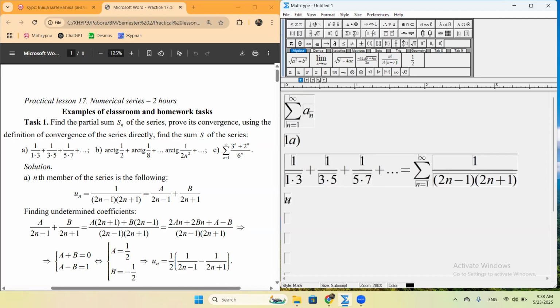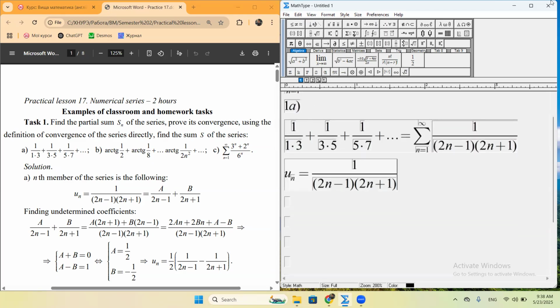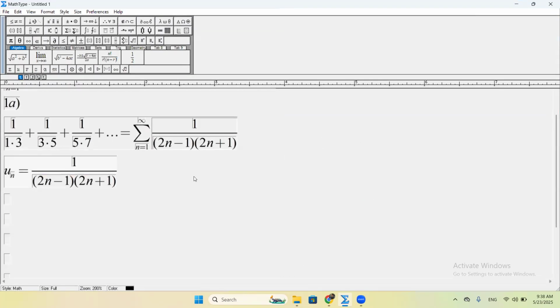Okay, let's use u_n here. So it will be written in the following form. We will use undefined coefficients. So we will write this fraction as a sum of fractions: a over 2n minus 1 plus b over 2n plus 1.